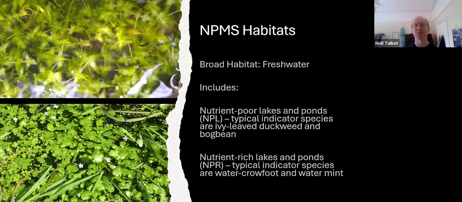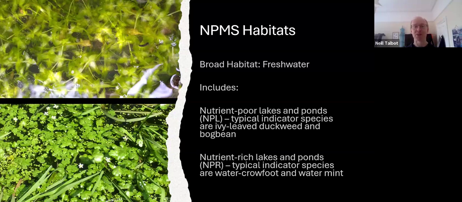So I've also mentioned another species that's a typical indicator species on the NPMS habitats list is bogbean, and we'll talk about bogbean as one of the native species later. Nutrient poor ponds would probably be the more species rich because they haven't had nutrient enrichment, which the nutrient rich lakes and ponds would have.